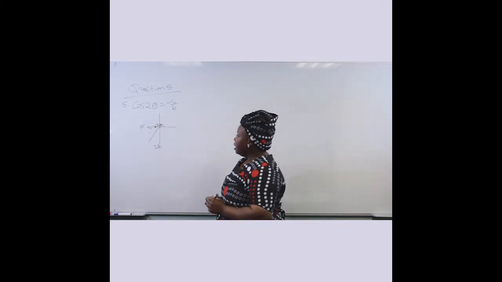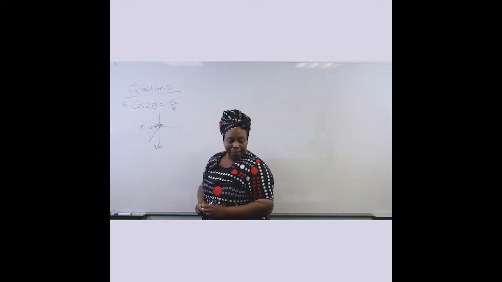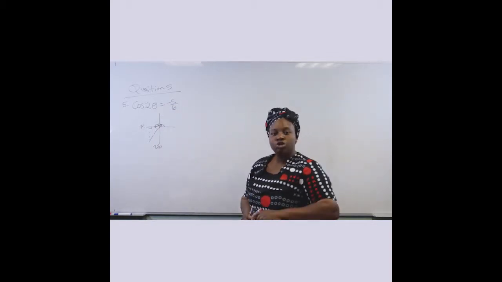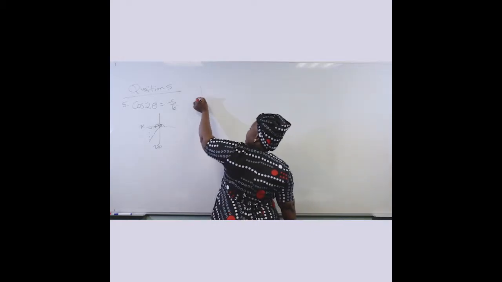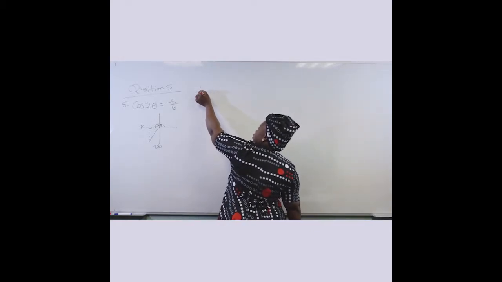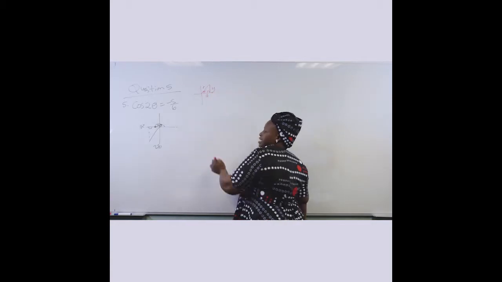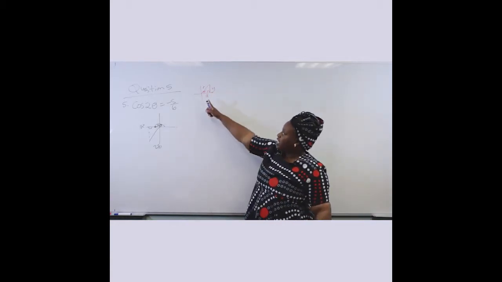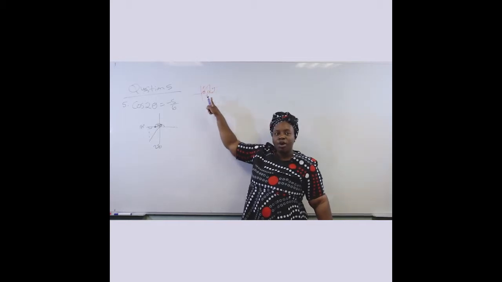Now, we're given that it's equal to negative 5 divided by 6. Go back to our basics. Remember that if you had a Cartesian plane with a right-angled triangle with r, x, and y, where this is theta, your cos of theta will be adjacent over hypotenuse, meaning it's x over r.